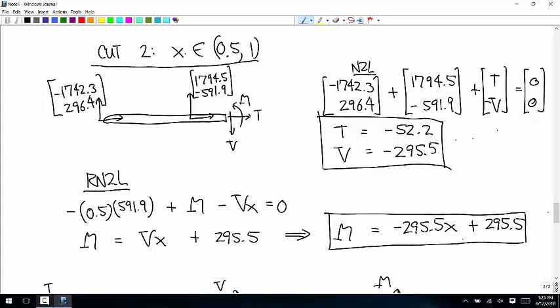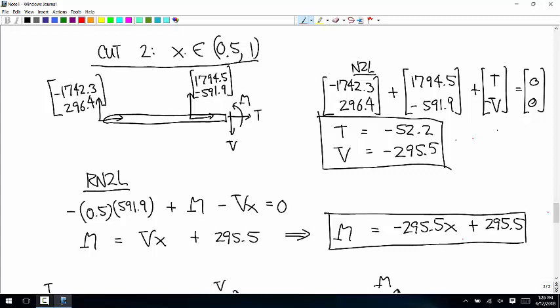It's an upward vector with a value of negative 591, and in that case you have a moment arm of 0.5 and a negative force, so you get a negative thing. A vector going that direction makes it rotate counterclockwise, but you have the negative, so it's clockwise.